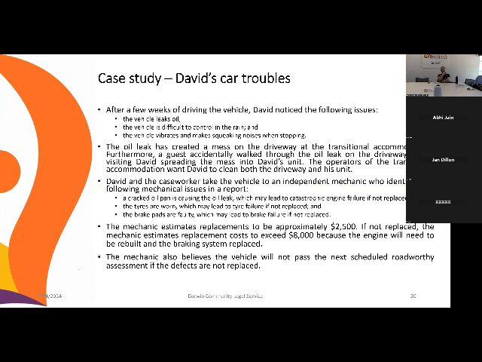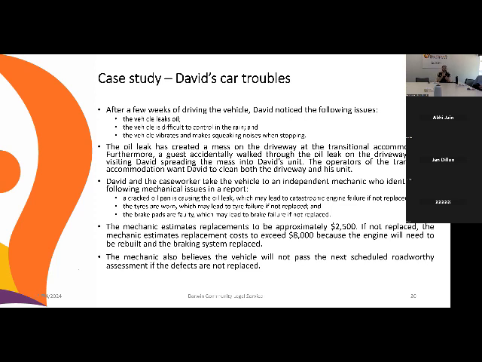And the operators of the transitional accommodation, obviously they're sympathetic to David's circumstances, but they are insisting that David needs to clean both the driveway and the unit, and he's probably going to have to pay to either get the suppliers to do that cleaning or pay someone to do the cleaning. So the oil leak has now led to other impacts on David's life.